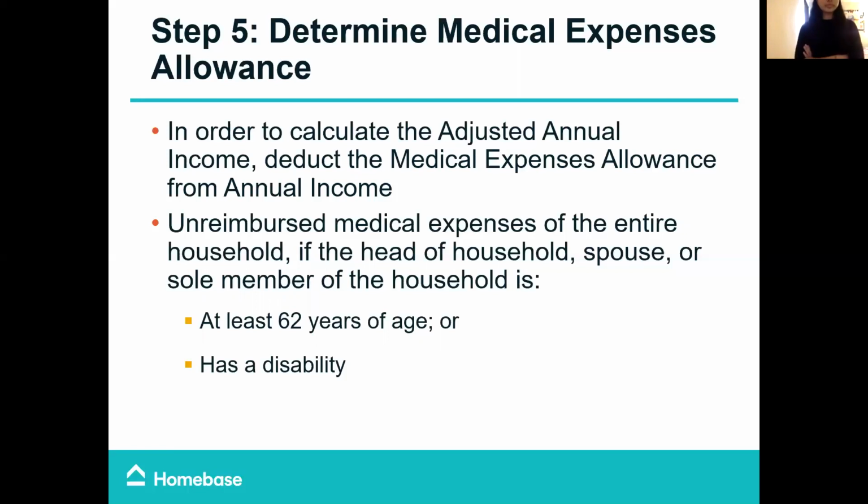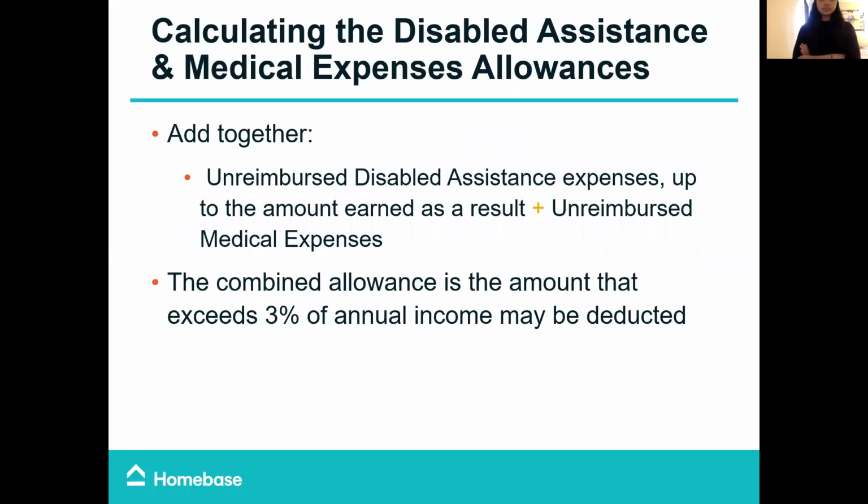So for the Disabled Assistance Allowance, which was the previous one we went over, and the Medical Expenses Allowance, which is this one, I've told you how to figure out if your household qualifies or is eligible for these allowances. The next slide is going to show you how to figure out the size of that allowance, because HUD actually connects these two allowances together.